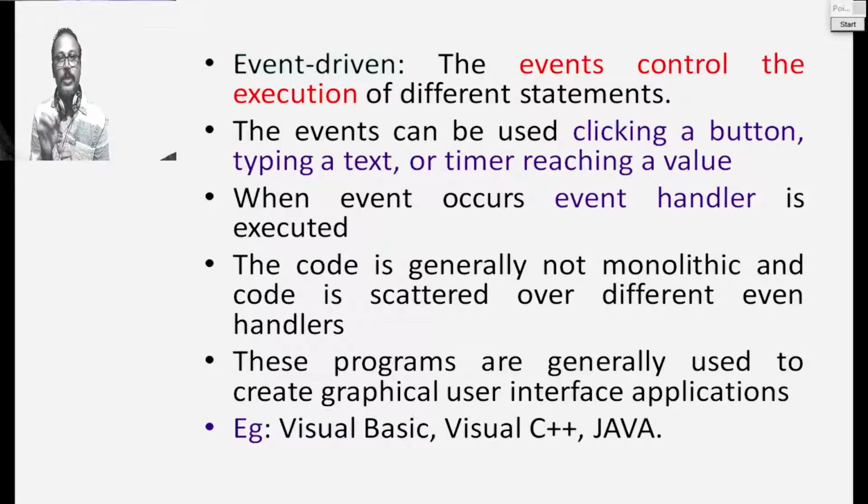Associated with each event will be an event handler, which handles that event. So your code is divided into event handlers. Some of the languages are Visual Basic, Visual C++, Java.